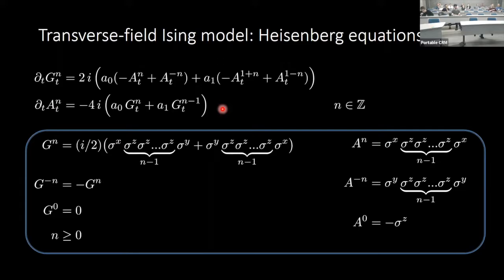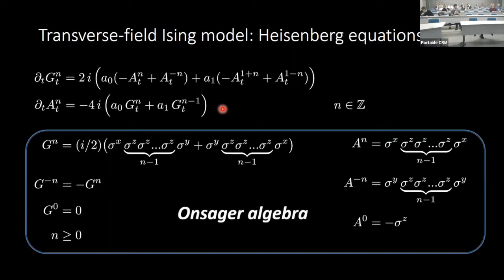Note that although the full space of operators of a spin-1/2 model with n spins is 4 to the power n, here we get not an exponential but a linear number of operators. It's linear in the number of spins.